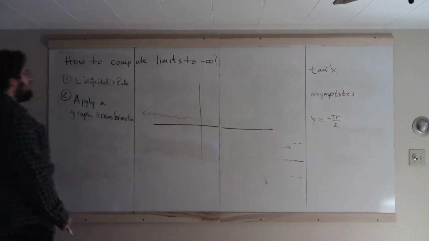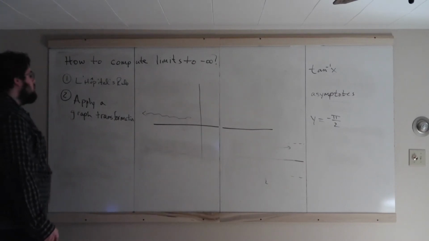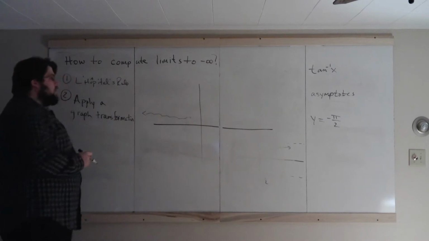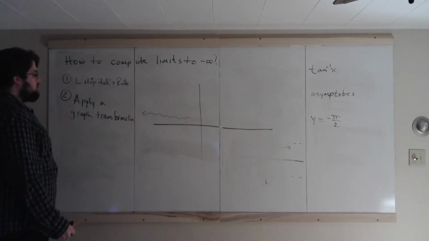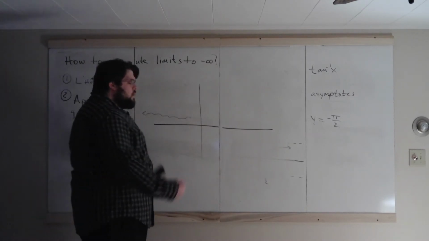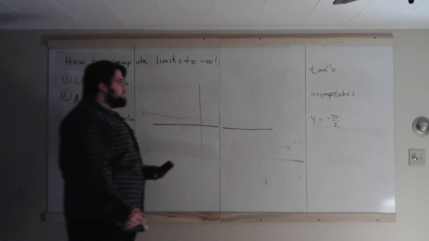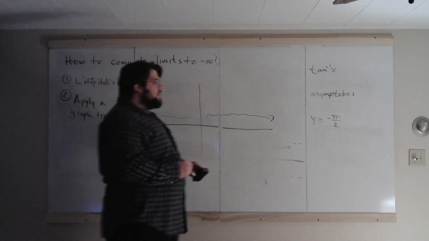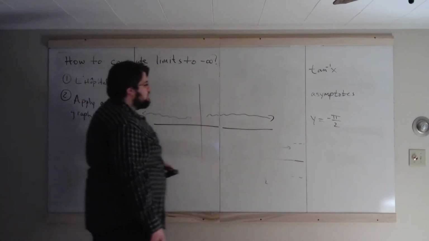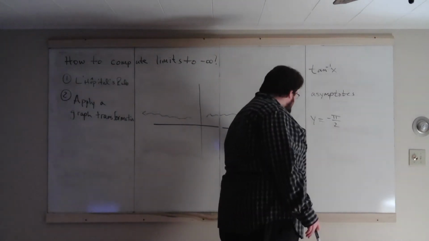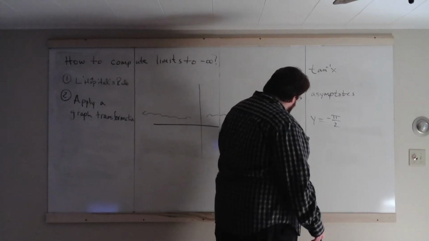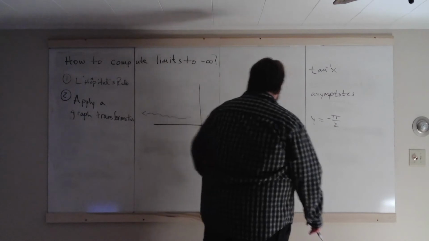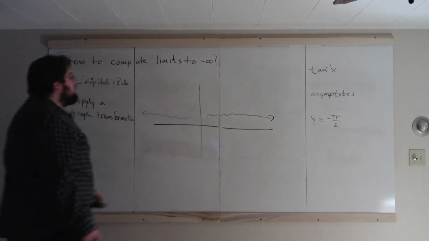Where was I? A limit to negative infinity describes the behavior of the function as x goes to negative infinity, as x goes in that direction. We know how to compute limits to positive infinity, limits in that direction, without L'Hopital's rule, by dividing everything by x to the largest exponent in the denominator of our fractional function.